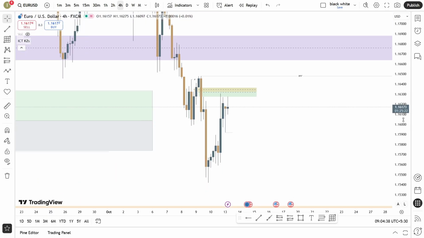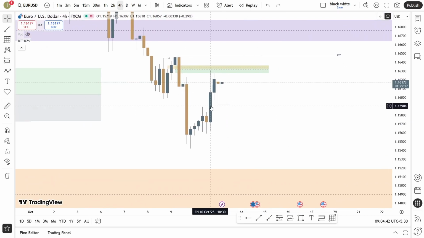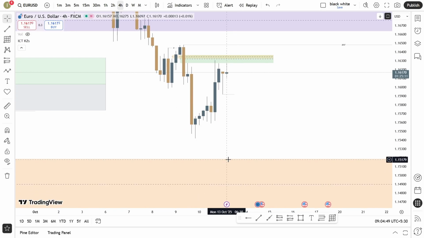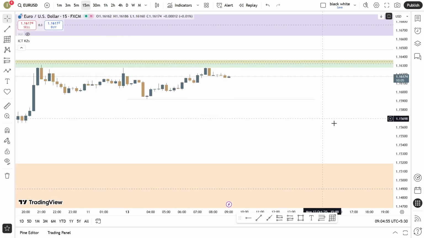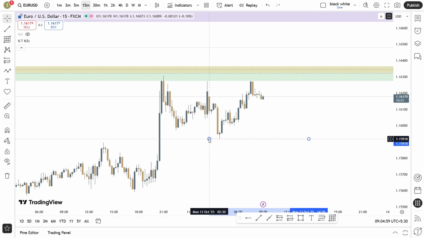Okay, yeah. So here, what I'm anticipating is if the price gets a close below this level, that is the 2 hour, then we are going to go all the way down till this higher level BPR, that is the daily BPR.